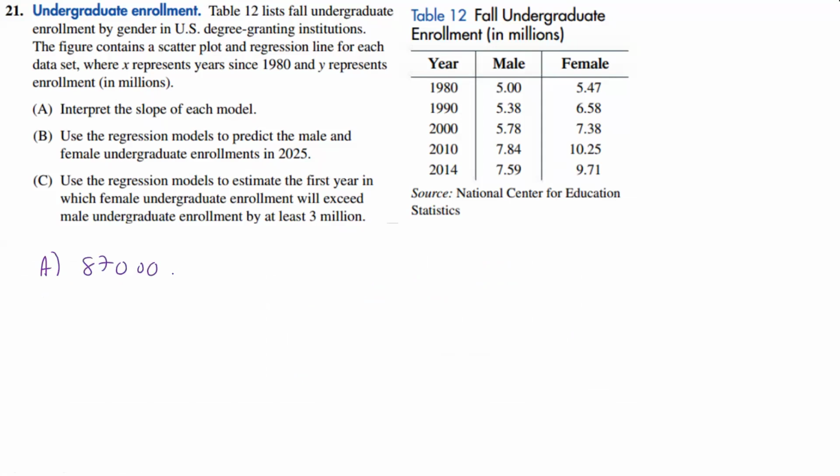So for part A, it's going to give us 87,000 students per year for the males. That's going to be the 87,000 students per year, and that's how much male student enrollment is increasing.